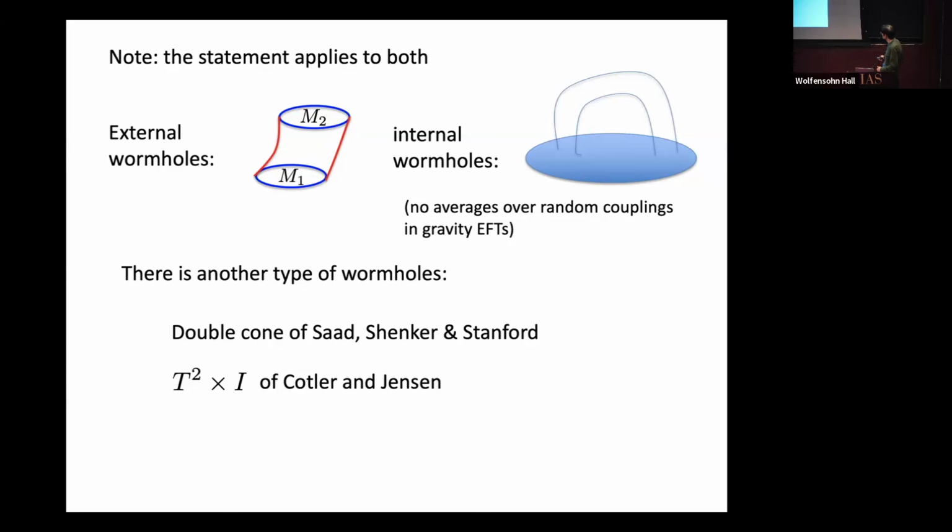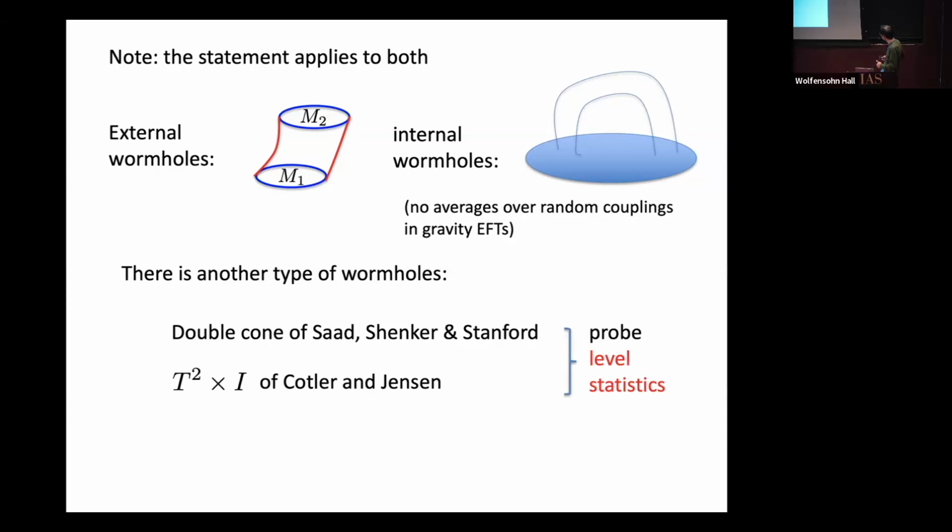And this Cotler and Jensen wormhole is not on-shell. It's a Euclidean wormhole, but it's not on-shell. But I also believe that maybe one way to understand it is by considering it as a Lorentzian complex saddle. Anyway, they describe somewhat different physics.